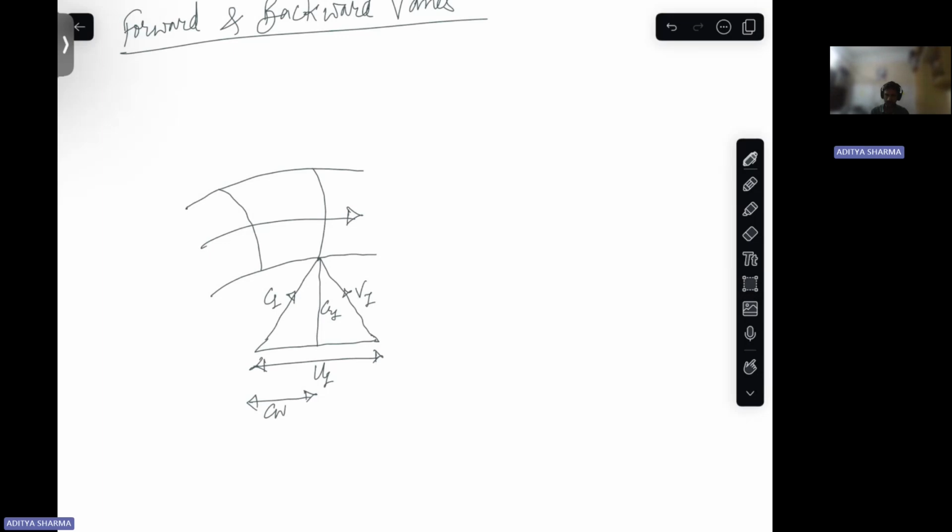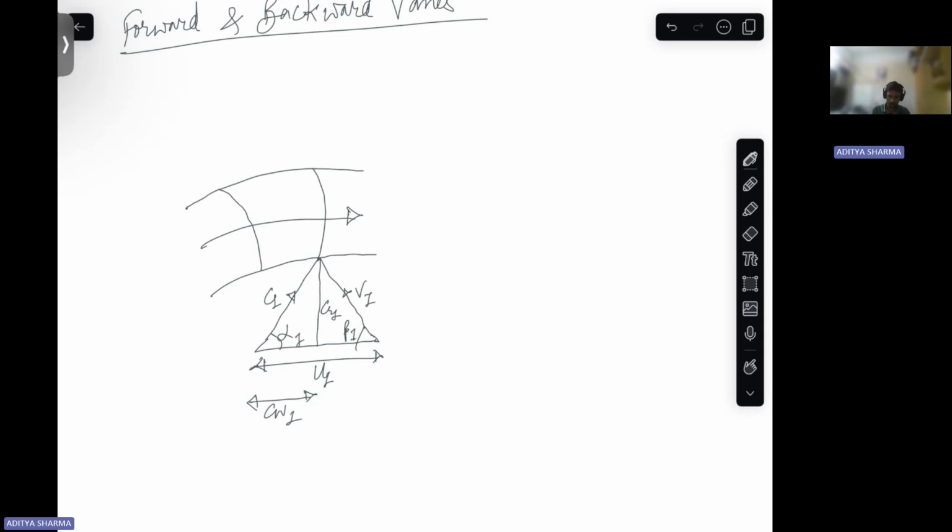The absolute velocity that you have, one component is in radial direction and one component is in tangential direction. Then this is your blade angle, this is your fluid angle.